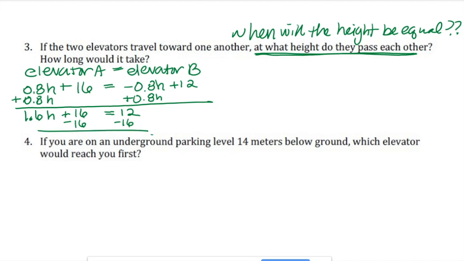Subtract 16 on each side, and we get 1.6h equals negative 4. Divide each side by 1.6, and h equals negative 2.5.